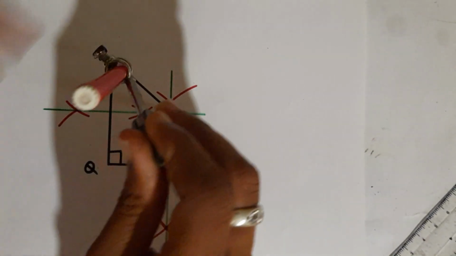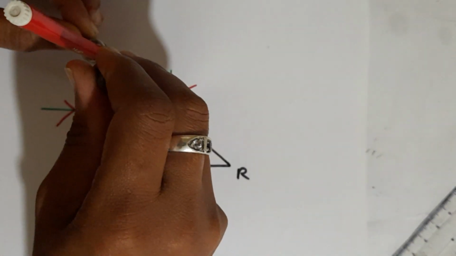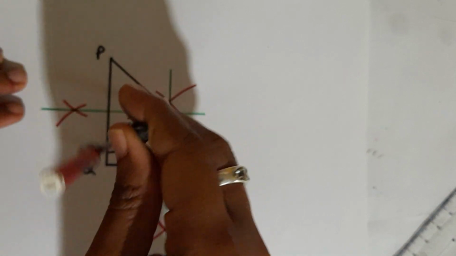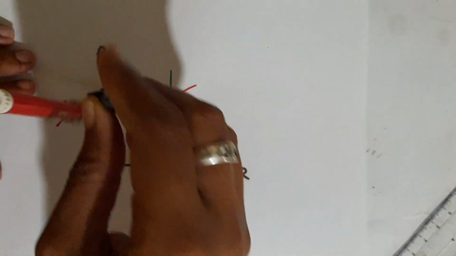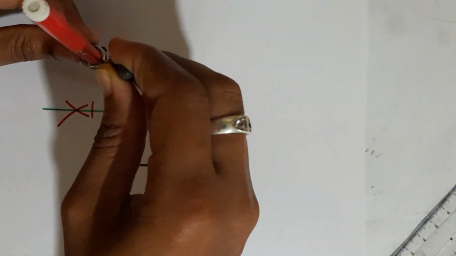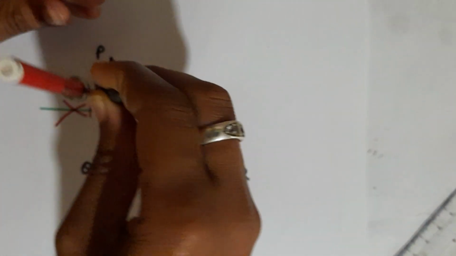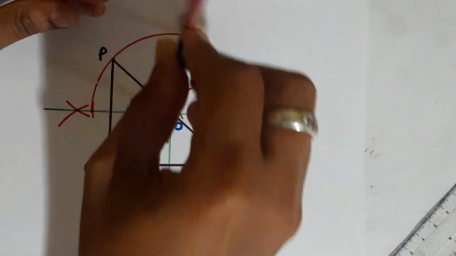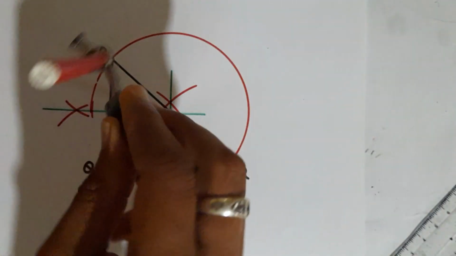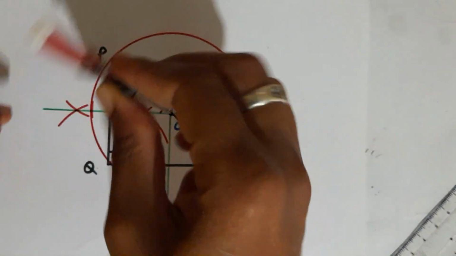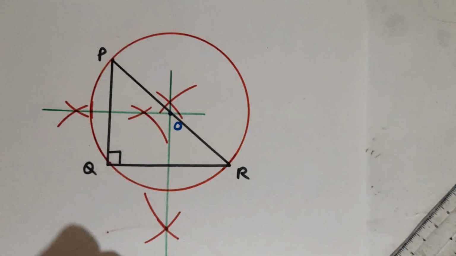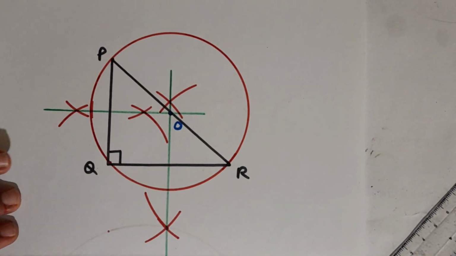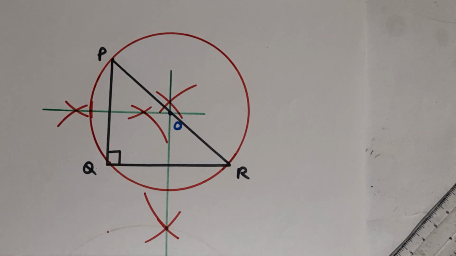Now taking O as the center and taking the distance to one point, P, Q or R, as the radius, we can construct the circumcircle like this. If we did it correctly, the circle should go through each vertex point of the triangle PQR.